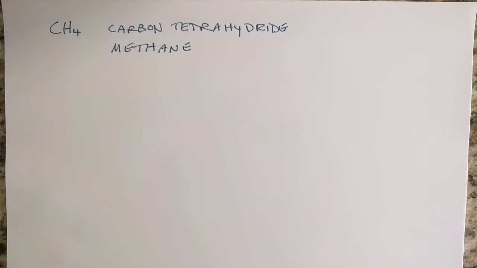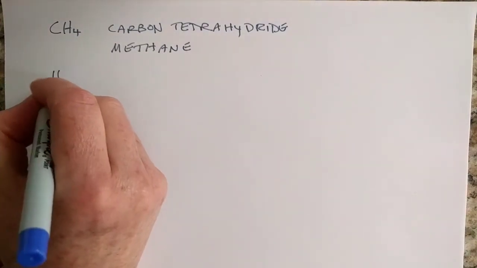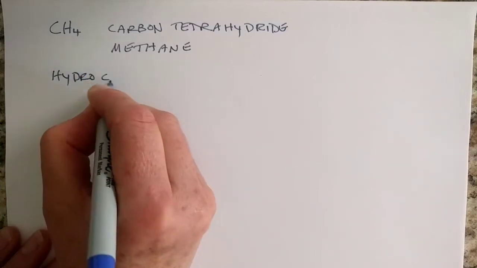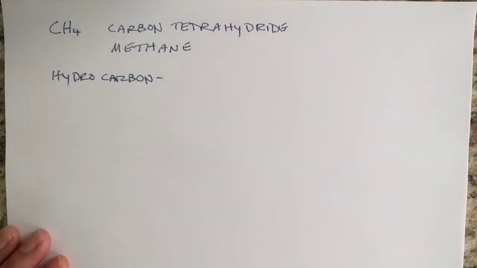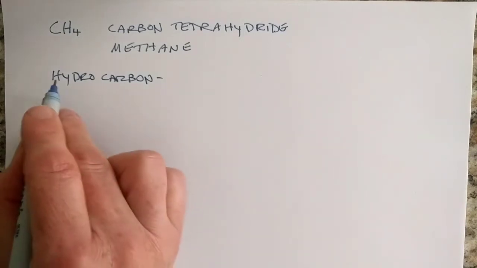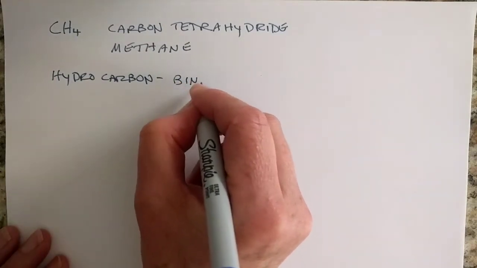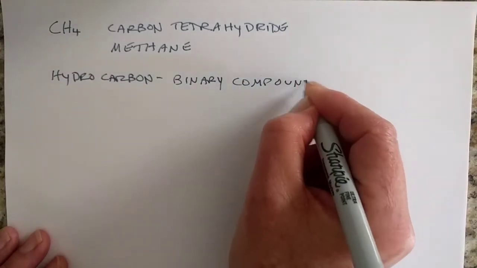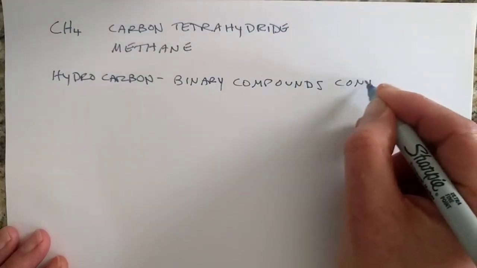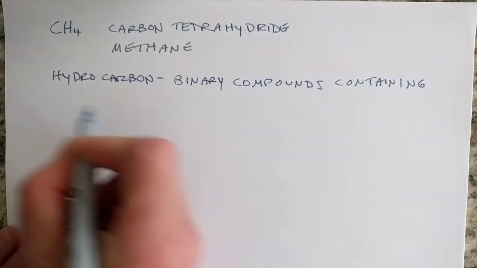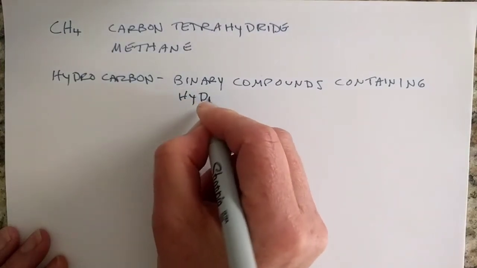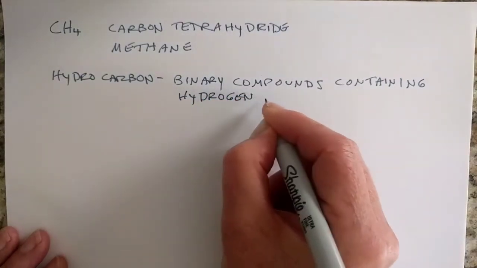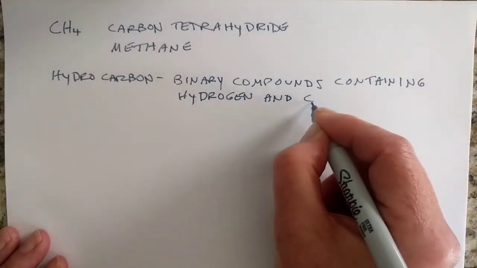So we have special names for hydrocarbons, and we're going to talk about them now. Okay, so what is a hydrocarbon? The name pretty much tells us. These are binary, 2 elements, compounds containing, no surprise, hydrogen and carbon.